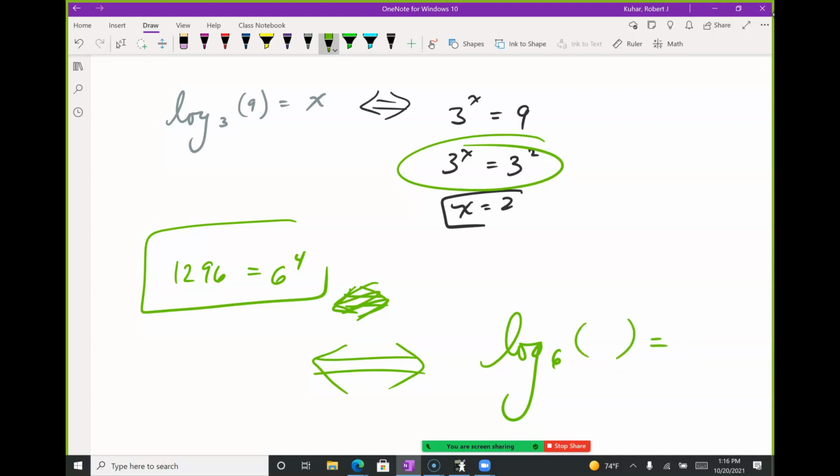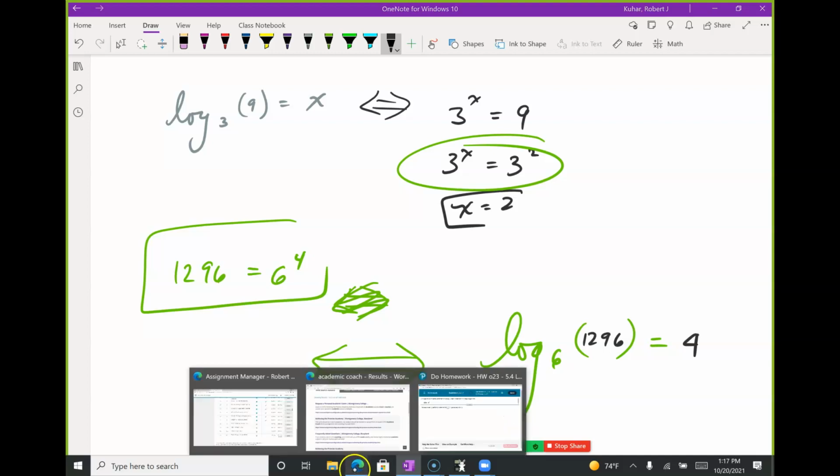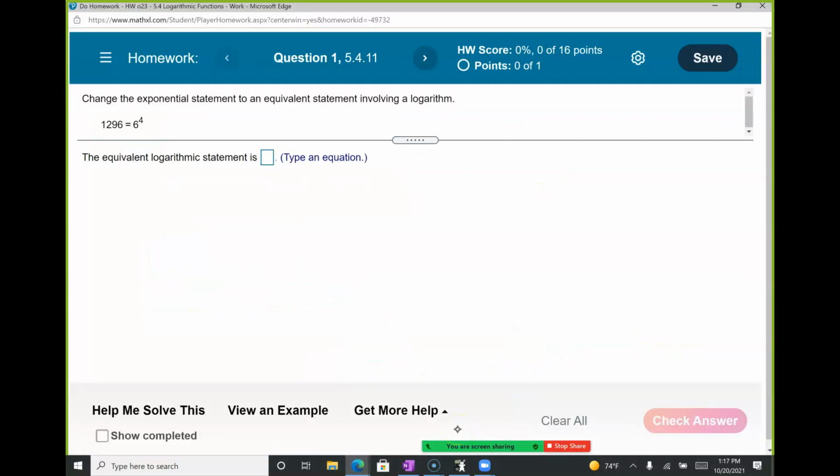What's the exponent? 4. That's the answer to a log. The answer to a log problem is an exponent. What was the argument? 1296. Argument, input, when I'm translating. So very, very simple. Kind of insulting.